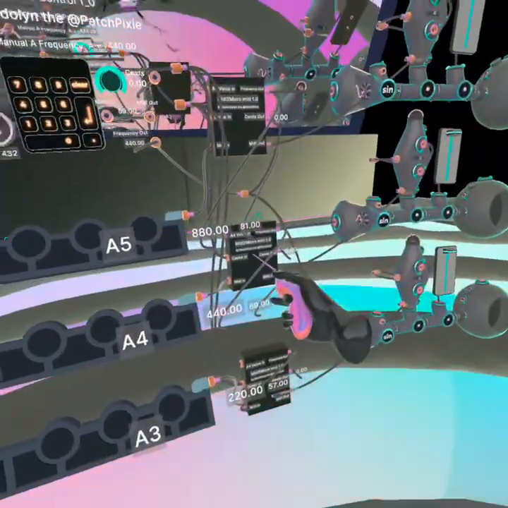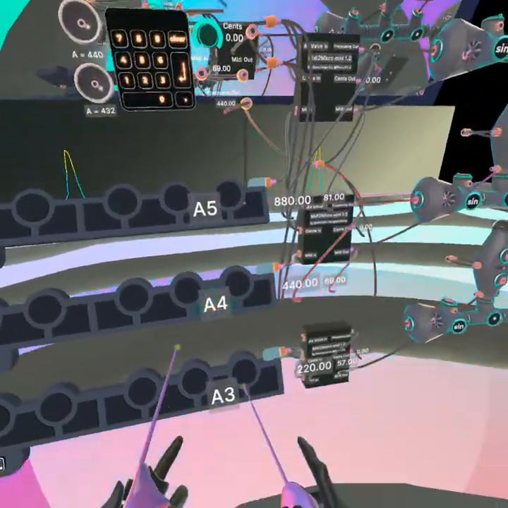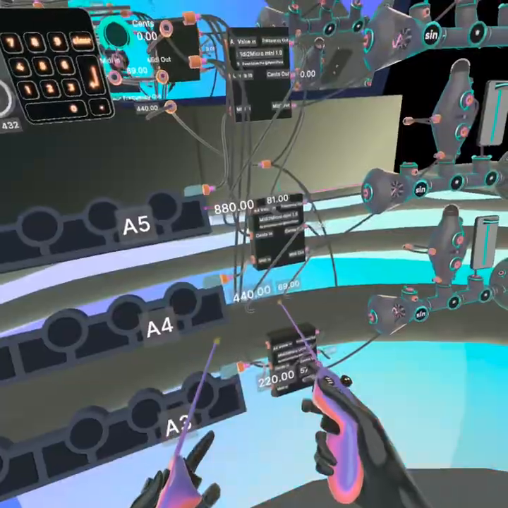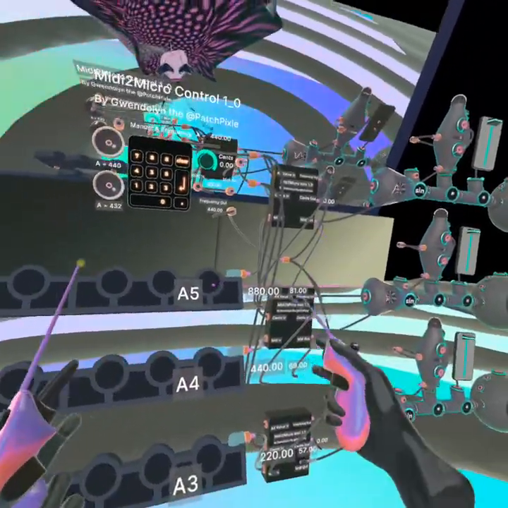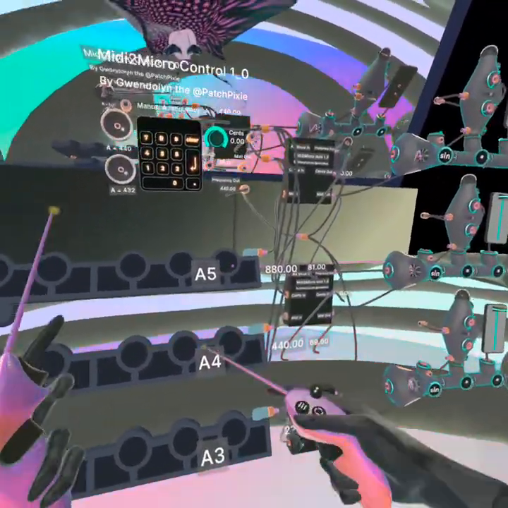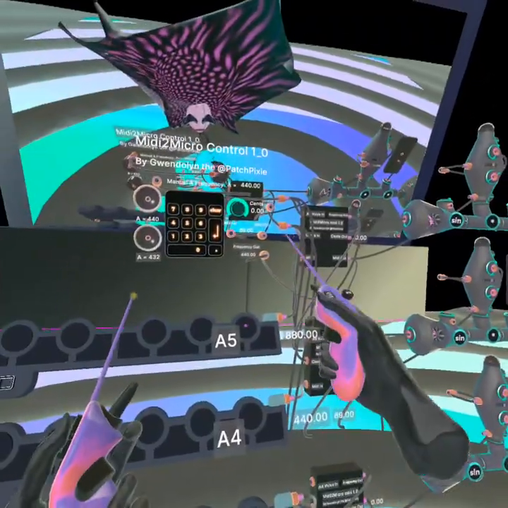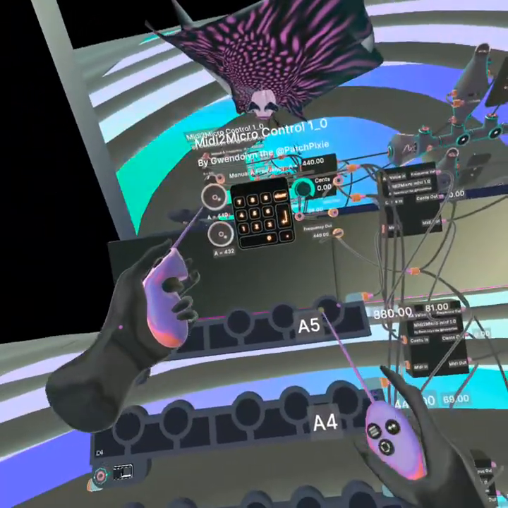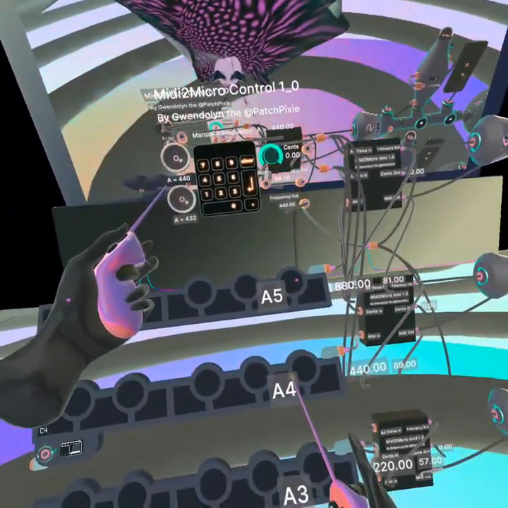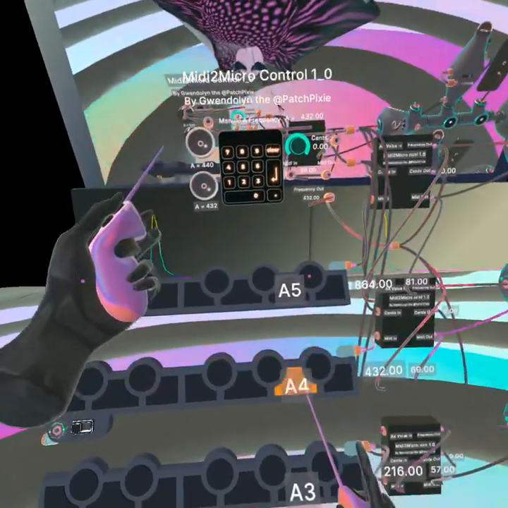And this device lets you choose the value for A. There is a function block that you can set to convert MIDI to frequency, but it only lets you do A equaling 440. This will let you drop the A down to 432 at the hit of a button.